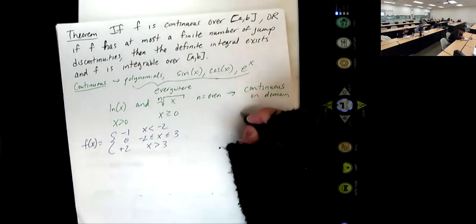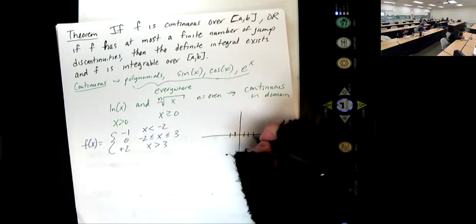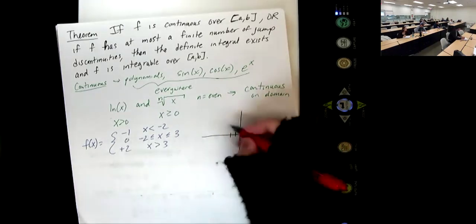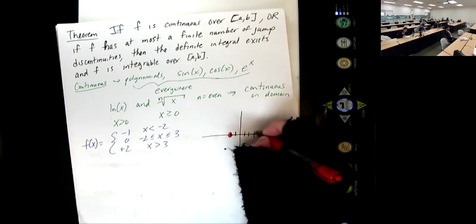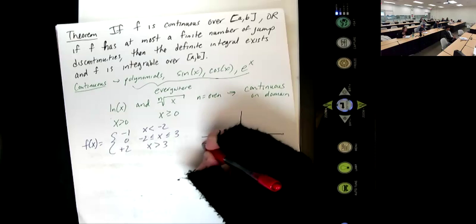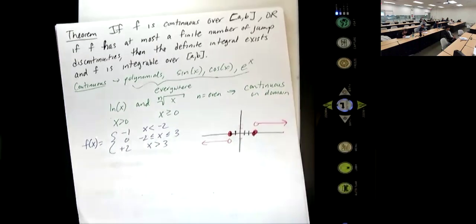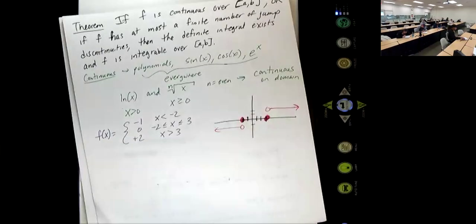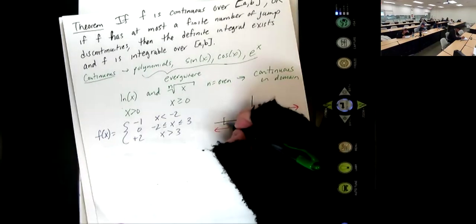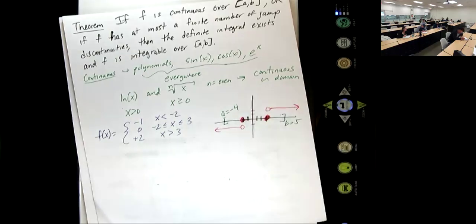If I graph this, the -2 to 3 is covering this, and then I have -1 to the left and +2 to the right. We can integrate over this, let's say from a equals -4 to b equals 5. In fact, let's do it real quick.